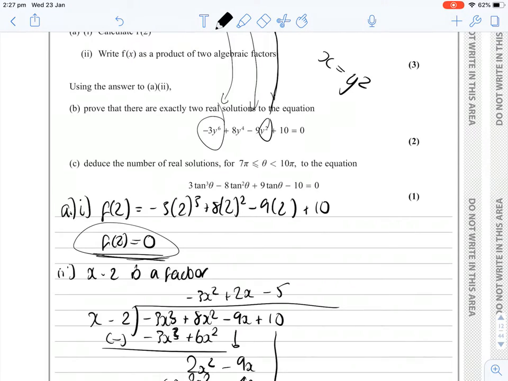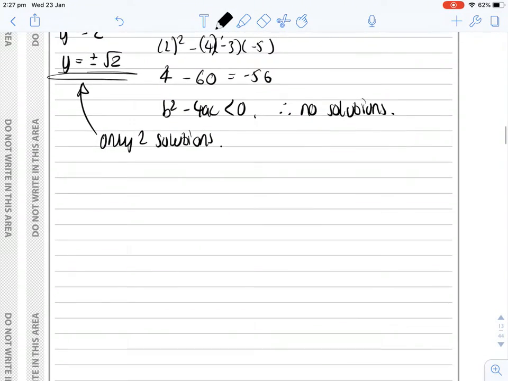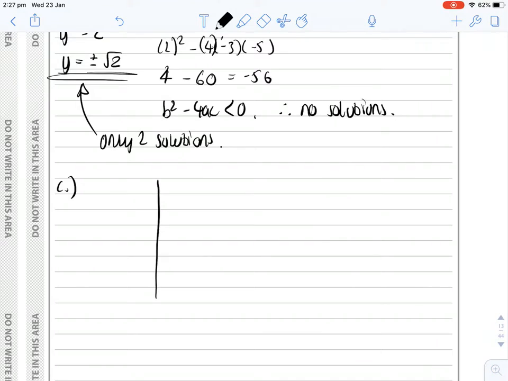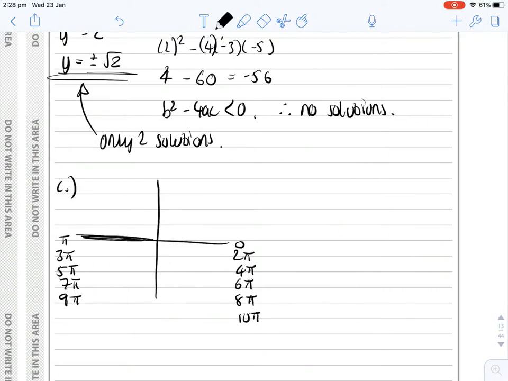So looking at this, what we can do is if we draw a CAST diagram, we've got 0, pi, 2 pi, 3 pi, 4 pi, 5 pi, 6 pi, 7 pi, 8 pi, 9 pi, 10 pi. Okay, and we're looking between 7 pi and 10 pi.